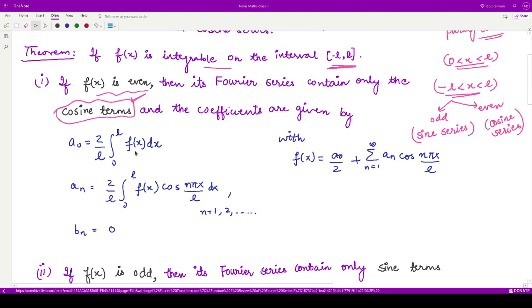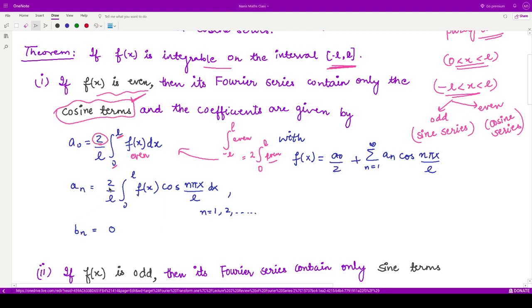This is because f(x) here is even, and we know the integration of any even function from minus a limit to the same limit is 2 times the integration of that function where the limits change from 0 to L. So we use this formula here, and accordingly a0 becomes 2 times the integral with limits from 0 to L.